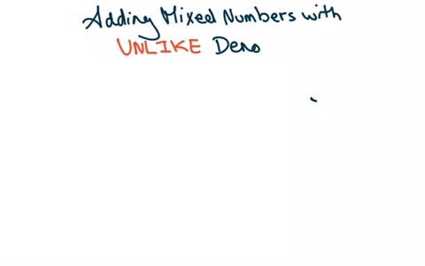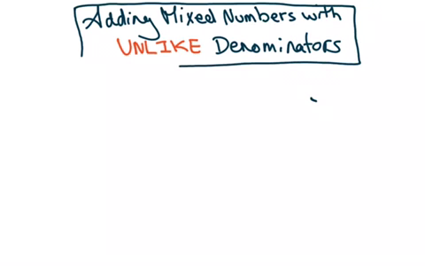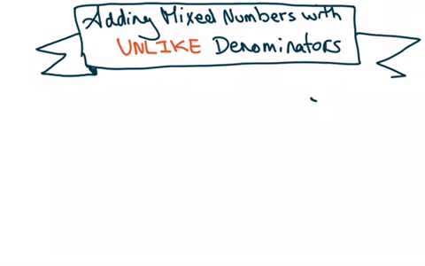Okay, so this is what we're going to be doing in this particular video. There are different methods. Please just choose the method that works best for you, the one that you understand the most. All right.